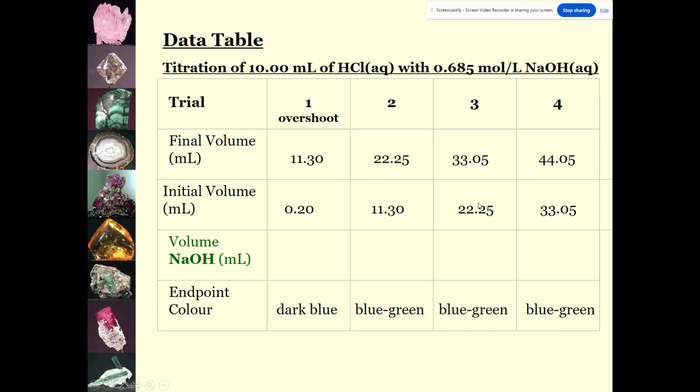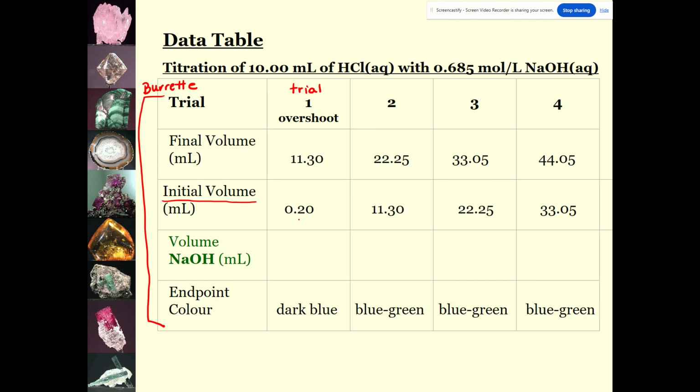Sample data is always going to give you all of the information about the burette, okay? The solution, the titrant in the burette. You are going to be given an initial volume, or you're going to do an experiment, and in trial, these are the different trials. In trial 1, you're going to fill it up close to the top.